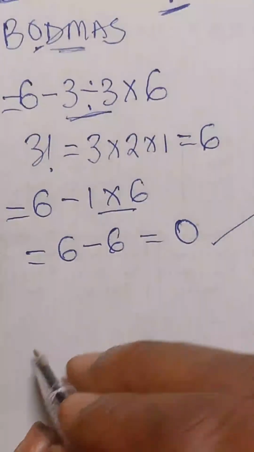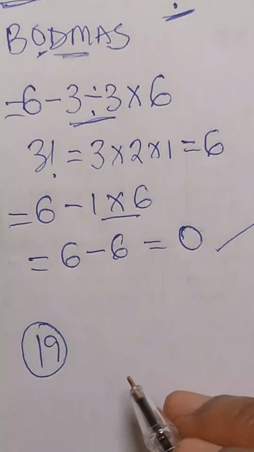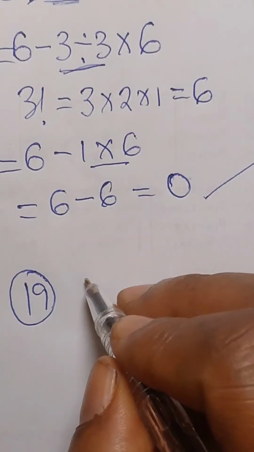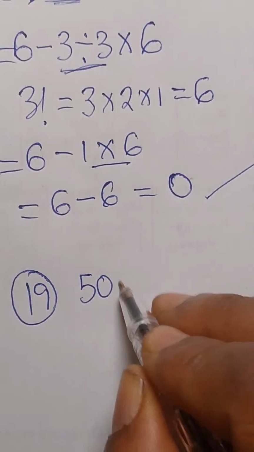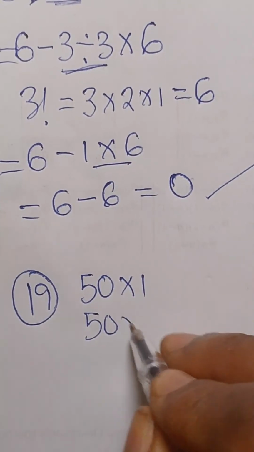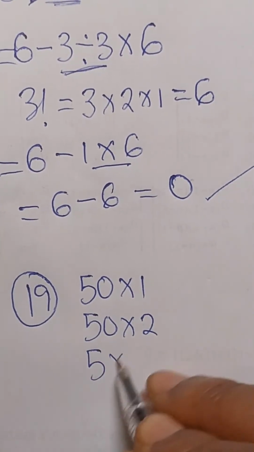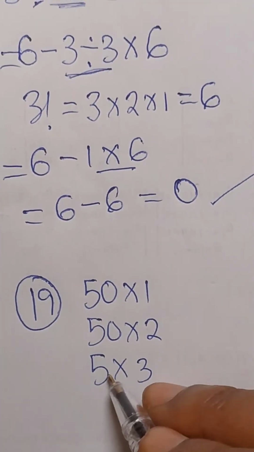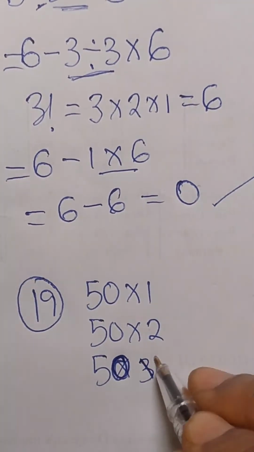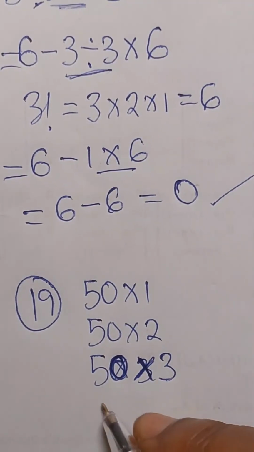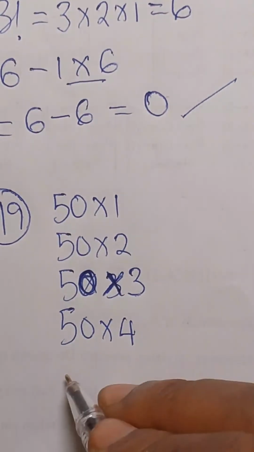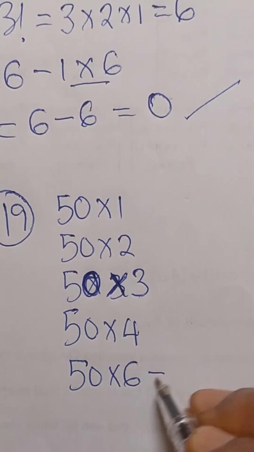Question number 19. Okay. So on question number 19, we are going to do a math puzzle. All right. We have 50 times 1, 50 times 2, 50 times 3, 50 times 4 and 50 times 6.